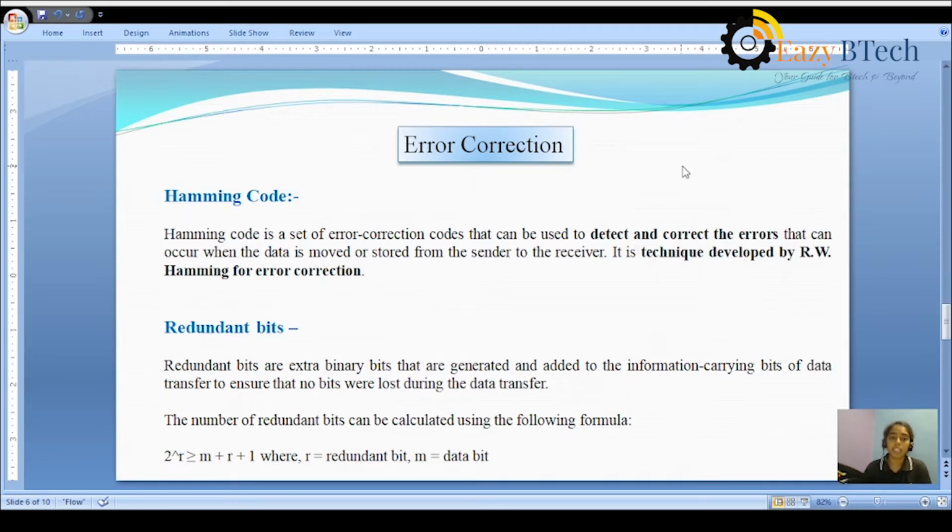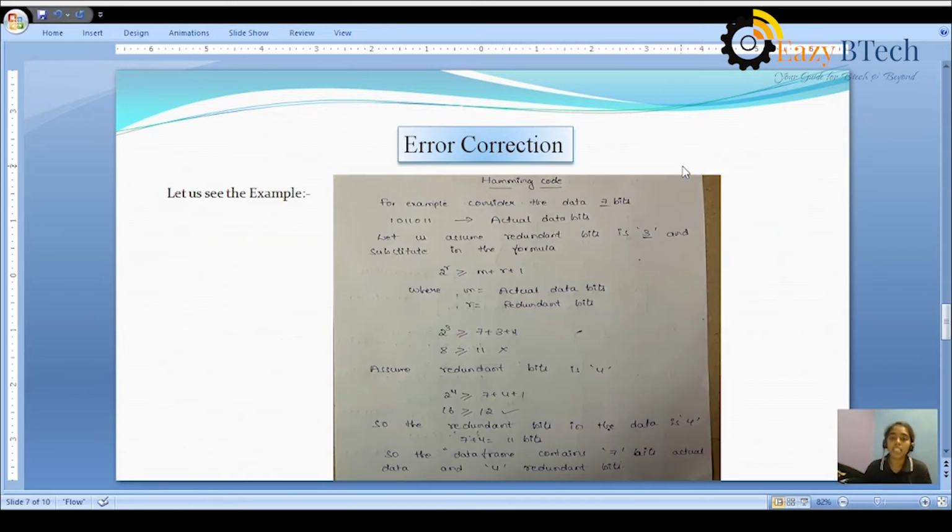Okay, let us see an example. How can I identify which is the actual data and which is the error data? I will show the example here.